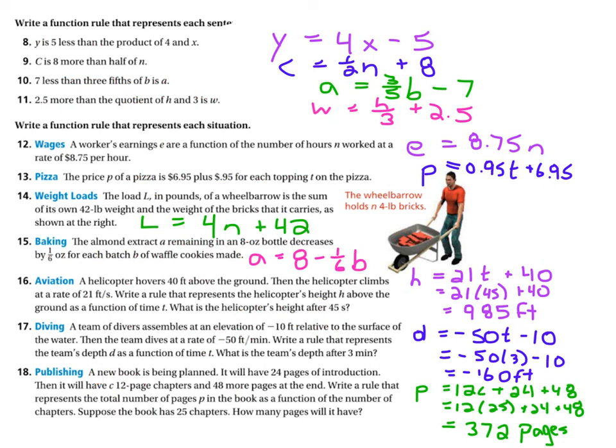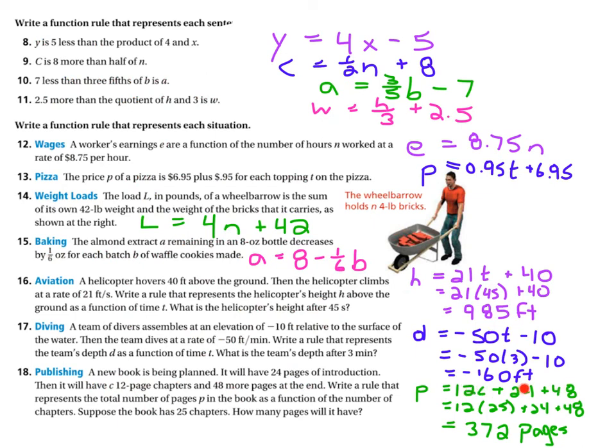And finally, you're publishing a book. You have 24 pages of introduction, so that's plus 24. You have 48 more pages at the end, that's plus 48, and then 12 page chapters. So 12 times however many chapters there are.